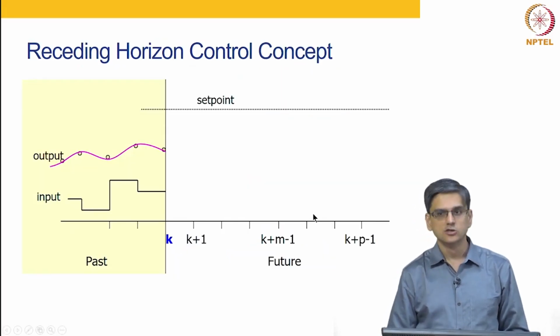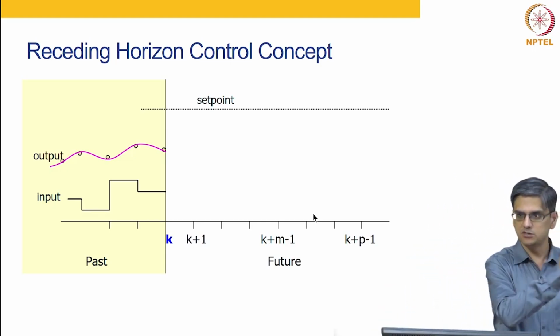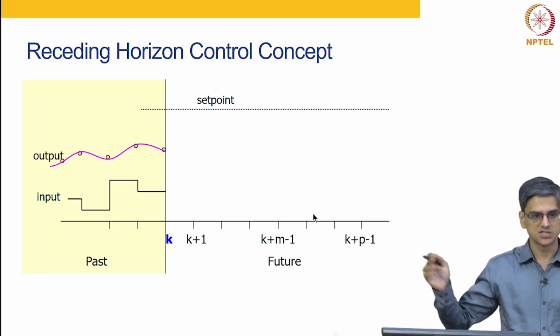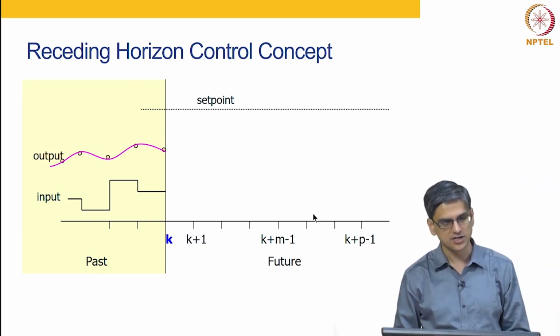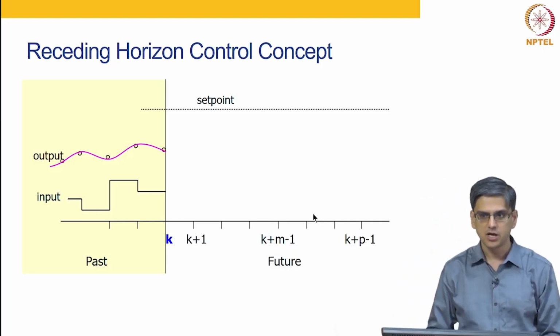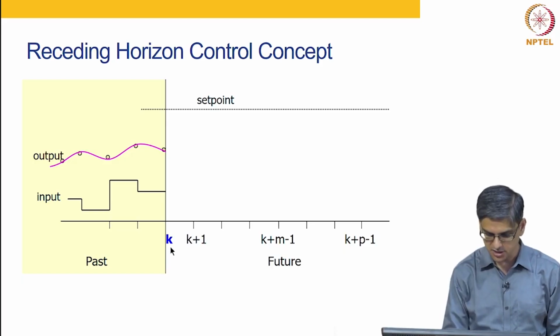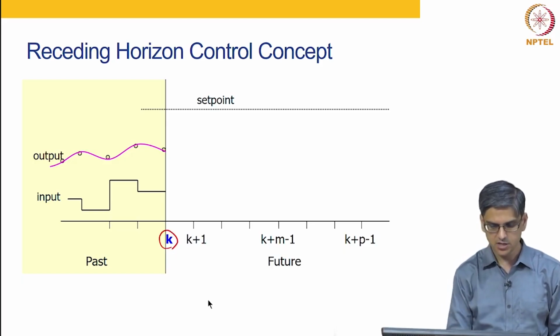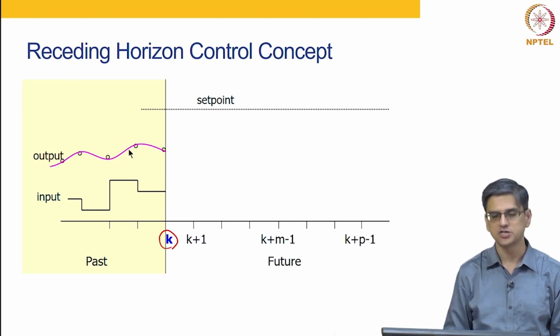Okay. Something that I talked about in words using an example, 10 to 15, 11 to 16 and all that, we will just talk about the same thing using this graphic, what that receding horizon means. So, as was asked earlier, we have reached a current point k. This is how the past input trajectory is, this is how the past output trajectory is.